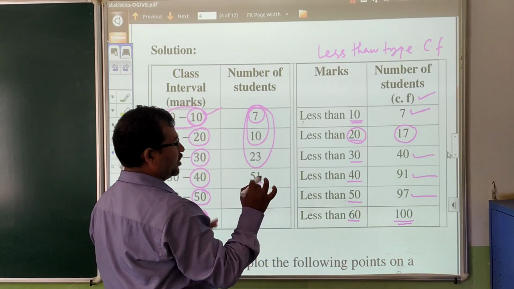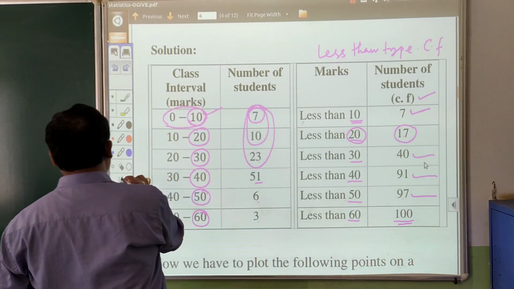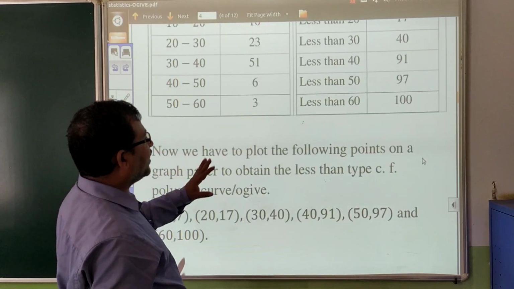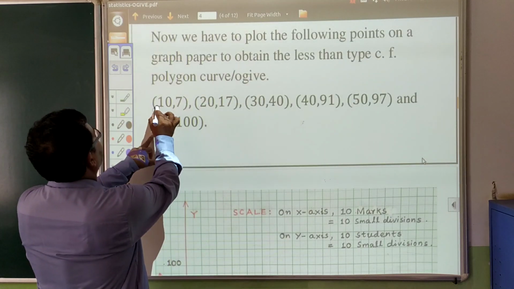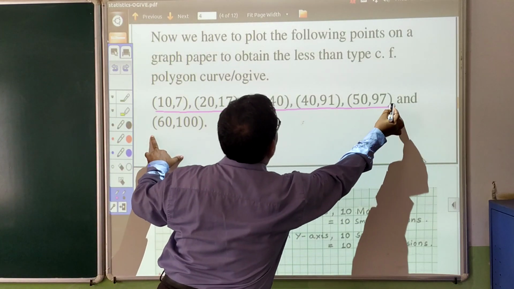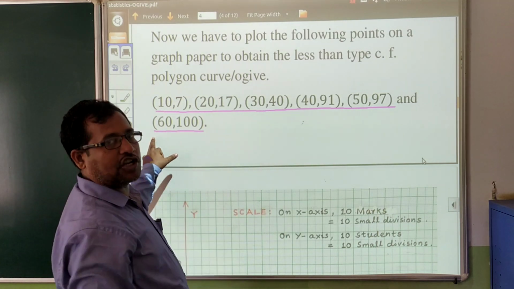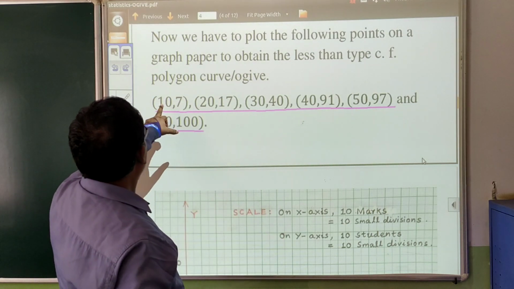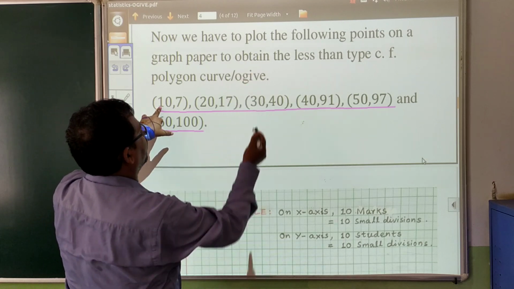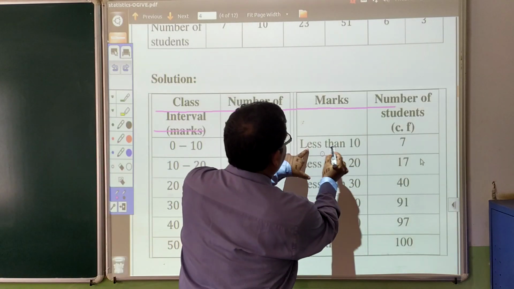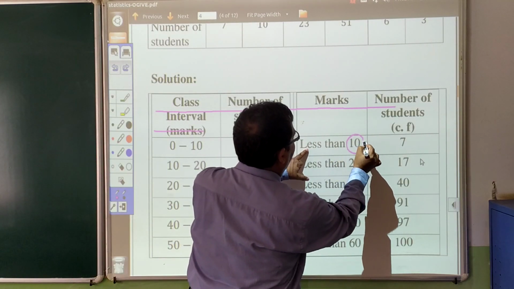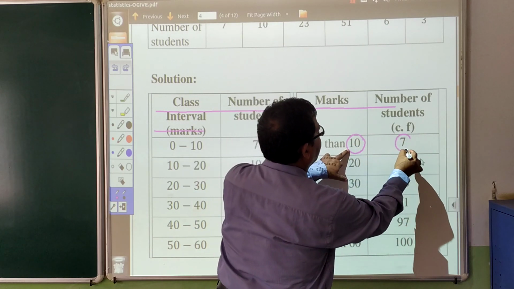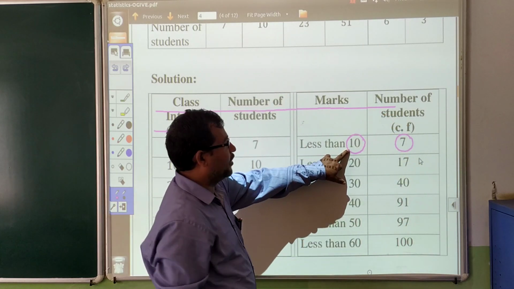Now what you will do? You have to take the points. These points you will require for the construction of the ogive. What are the points? Look at just here the corresponding higher limit and the corresponding cumulative frequency.